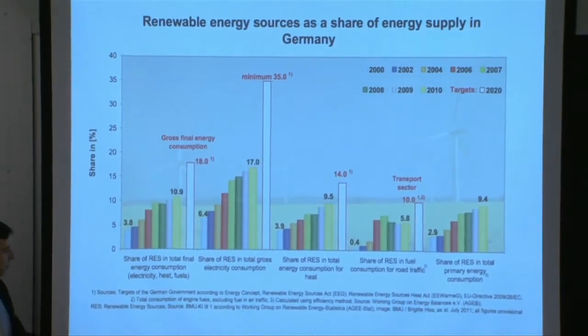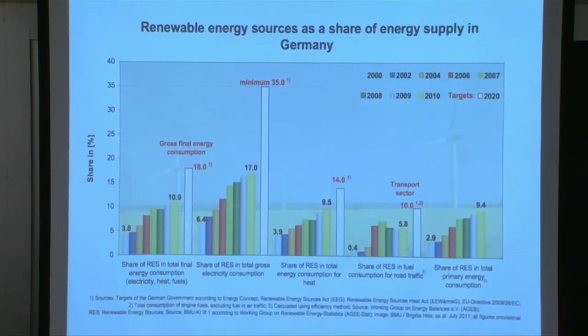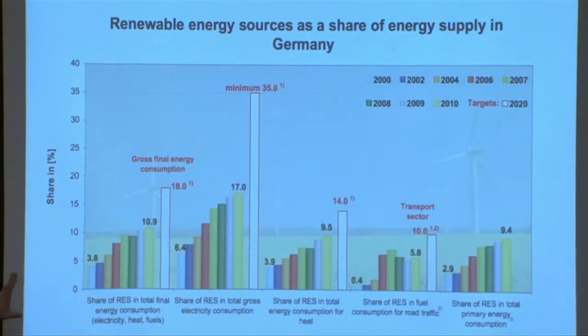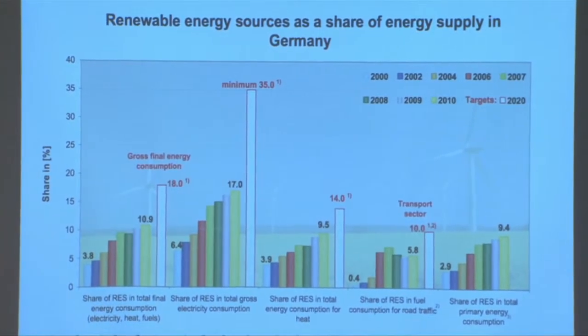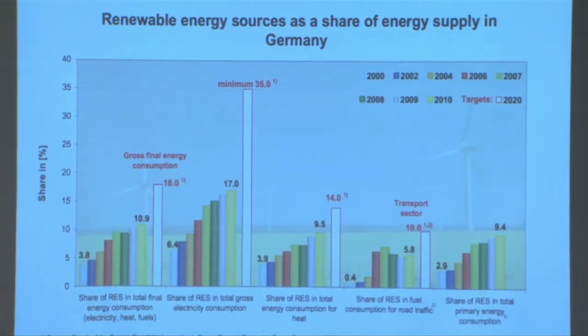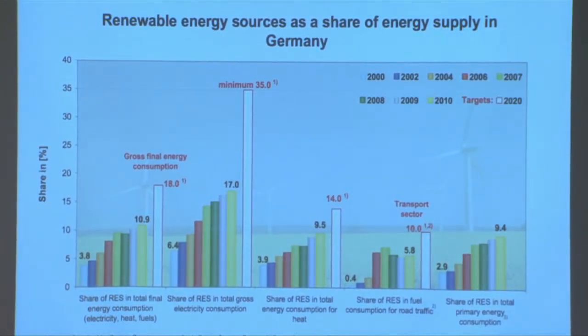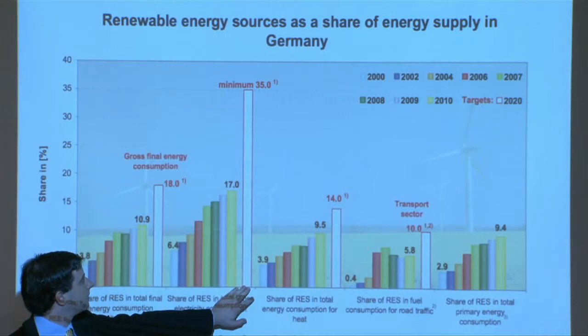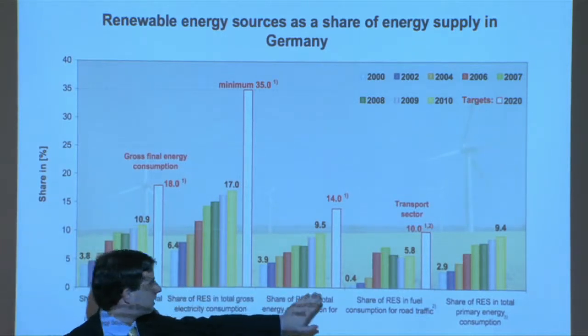So what I'm going to do is go over several slides coming from a ministry in Germany describing the growth of solar and the growth of other renewables on the grid in response to this feed-in tariff. So the renewable energy resources, as a share of the total energy supply in Germany, the goal by 2020 is this white bar right here.